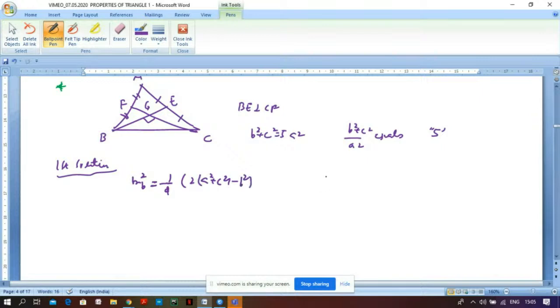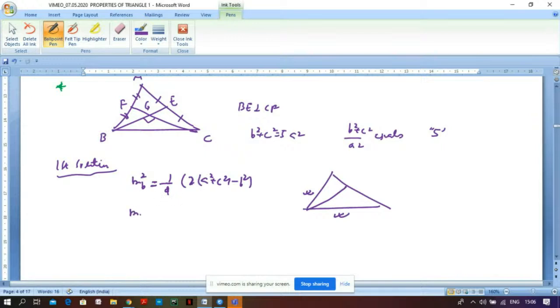To remember, just remember this diagram: if a median is there from this side, then 2 times the sum of the squares of these two sides, and this is the negative of b squared, the opposite side. So this is mb squared, straight away from Apollonius theorem.